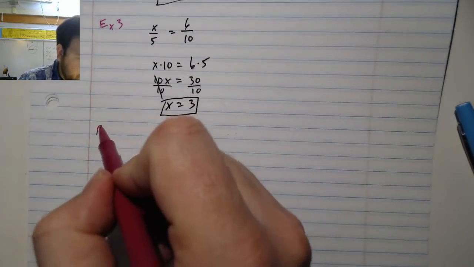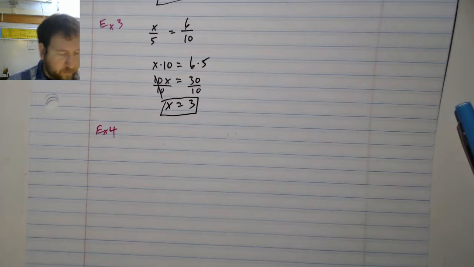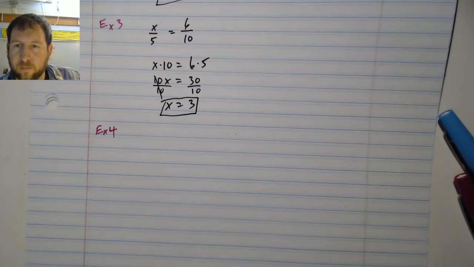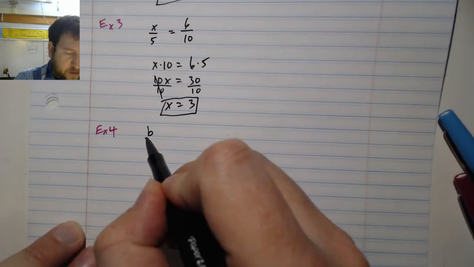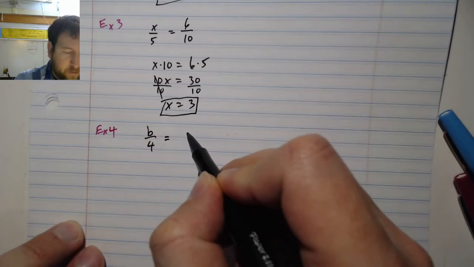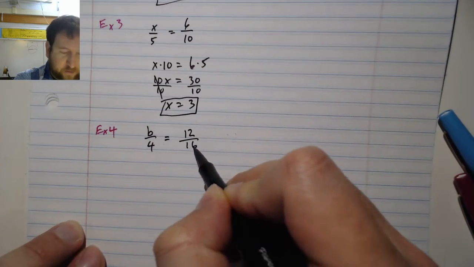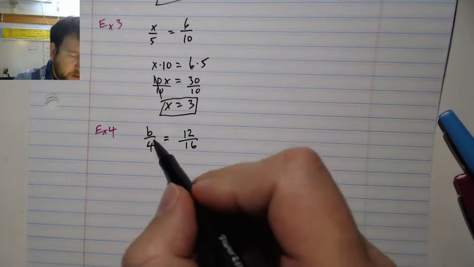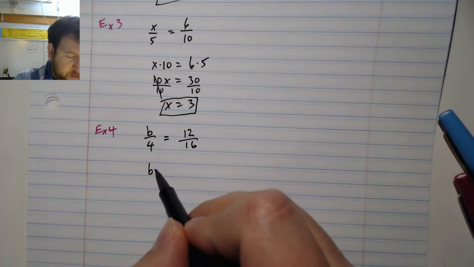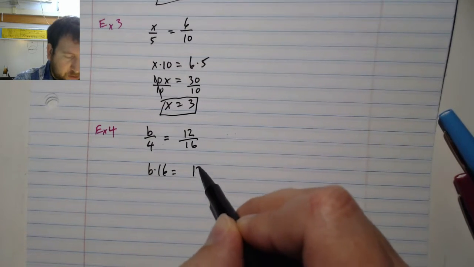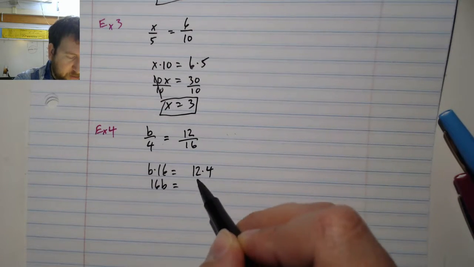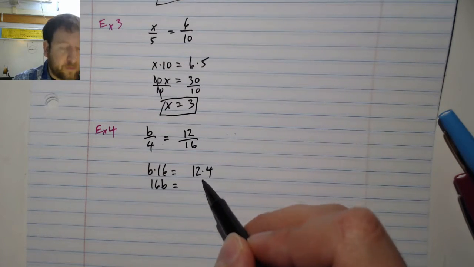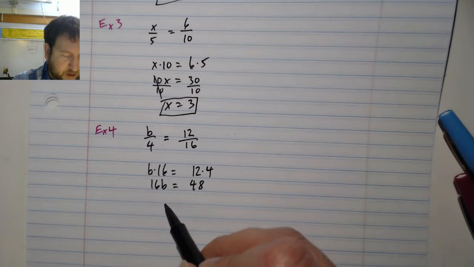Example 4. B over 4 equals 12 over 16. B times 16 equals 12 times 4. 16b is, what is that? 24, 48.